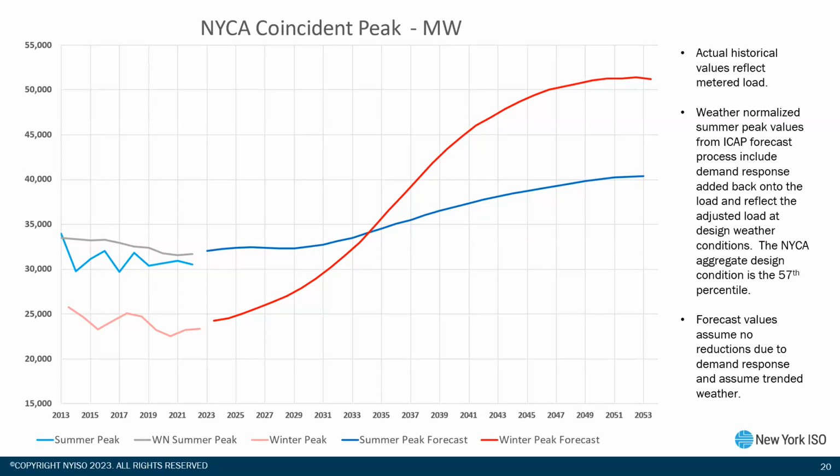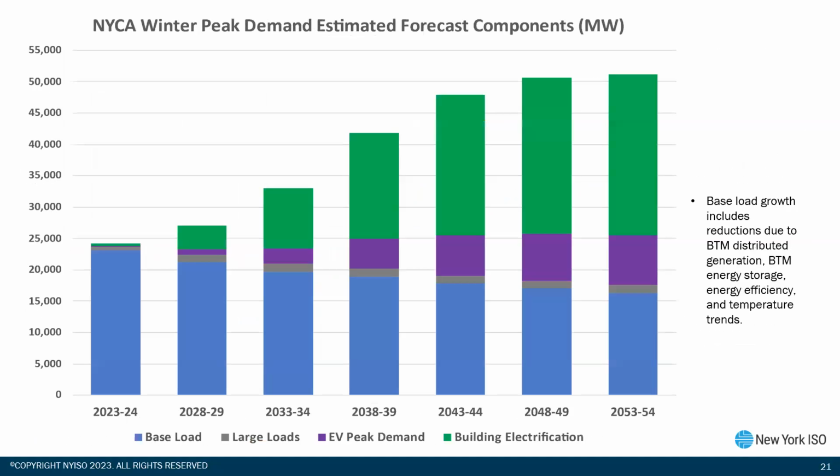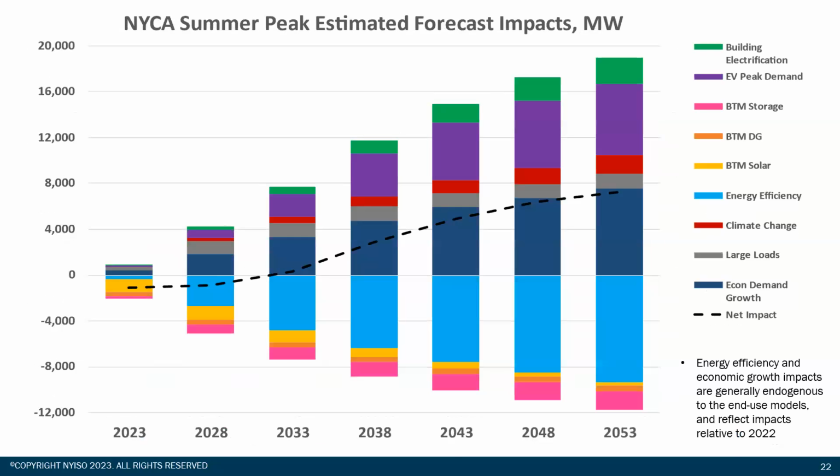In this current version of our forecast we reach about 50,000 megawatts statewide, as compared to about 30,000 megawatts right now in the summer. If you look at the components of growth for all those categories, the components of growth are primarily in green, building electrification, and EV peak demand charging.